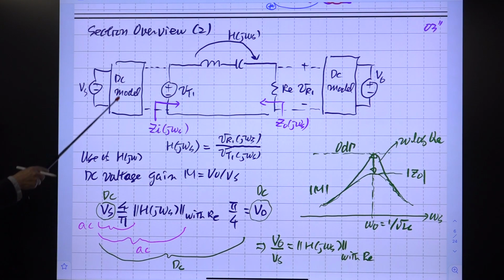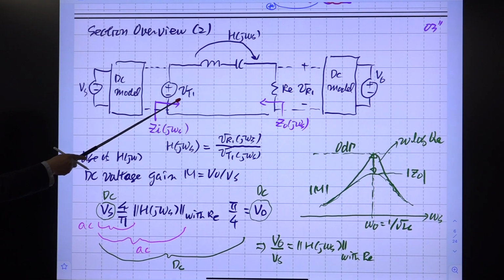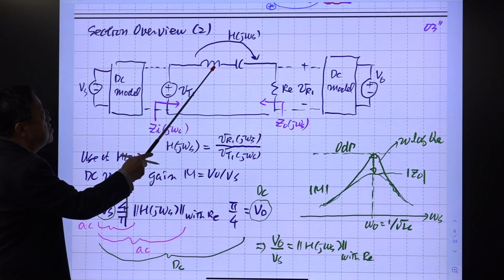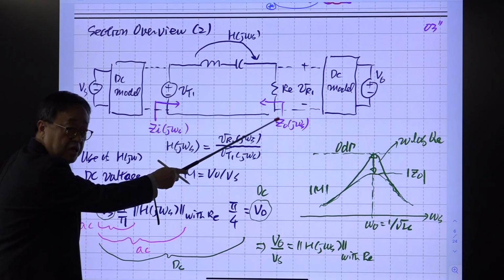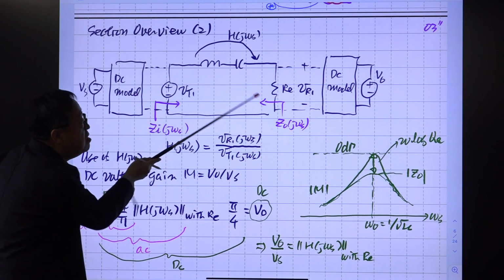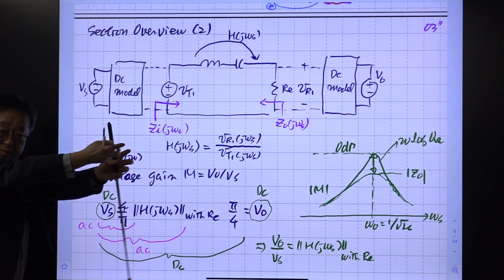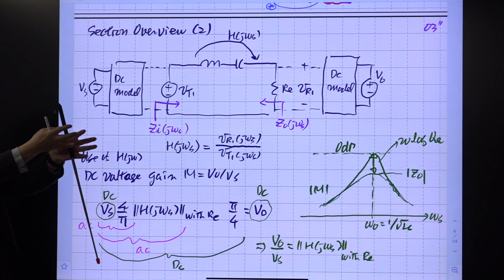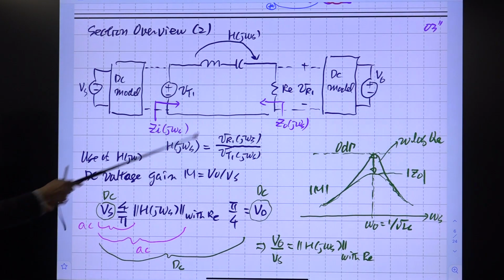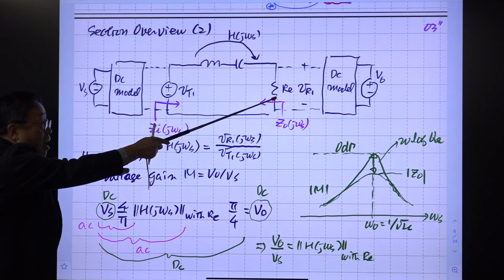Maybe the full bridge network is here. DC VS goes into this as AC at the fundamental frequency, VT1. We know the relationship between magnitudes. And this is the tank circuit, so LC and RE are coming here, seen at this port. So we brought the load resistance R to here with this scaled value RE.